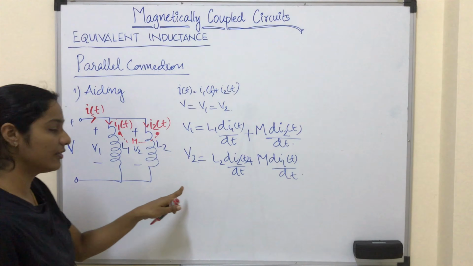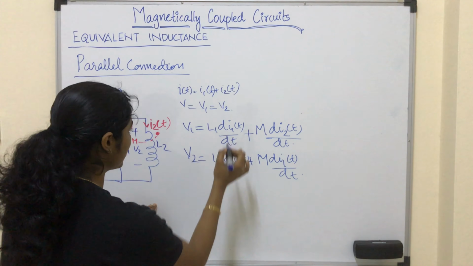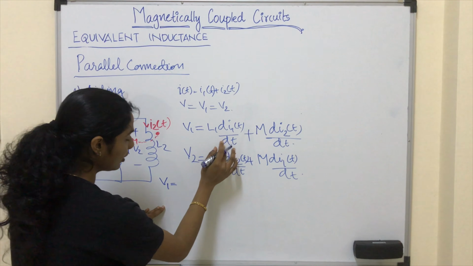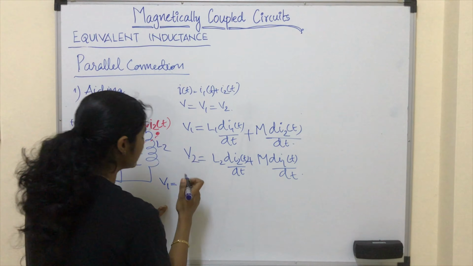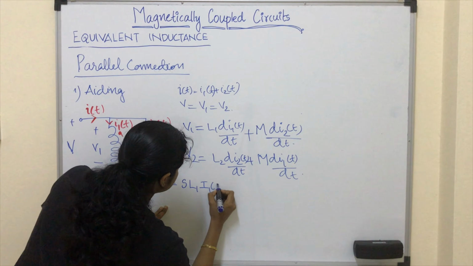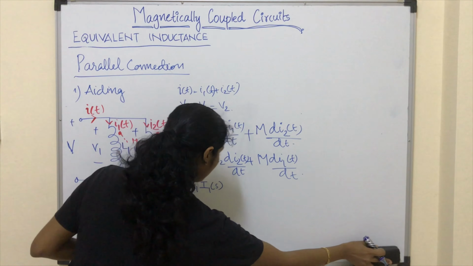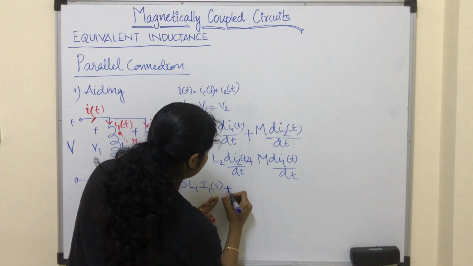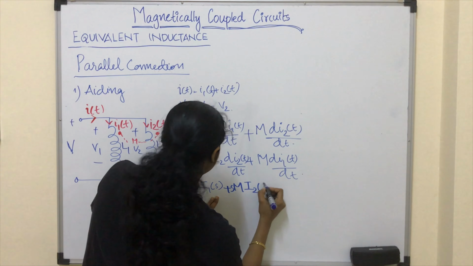For simplicity I am taking the Laplace transform of both these coils. That is, V1 of s equal to s into L1 into I1 of s plus s into M into I2 of s.